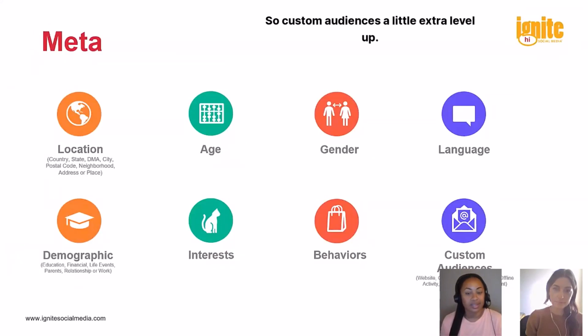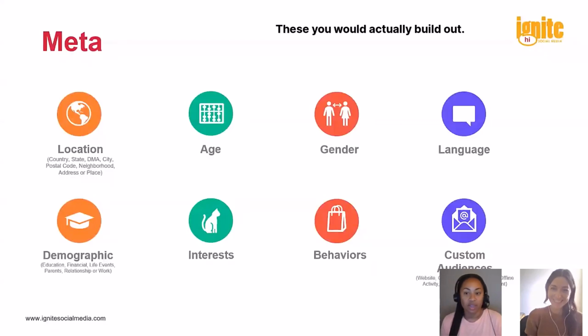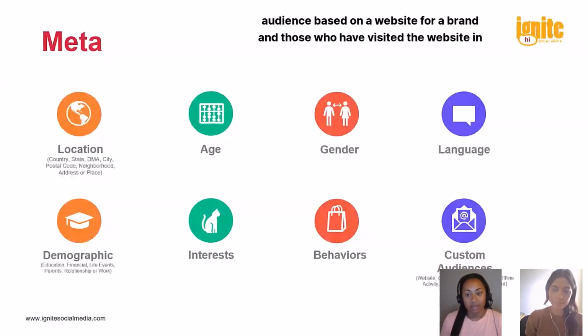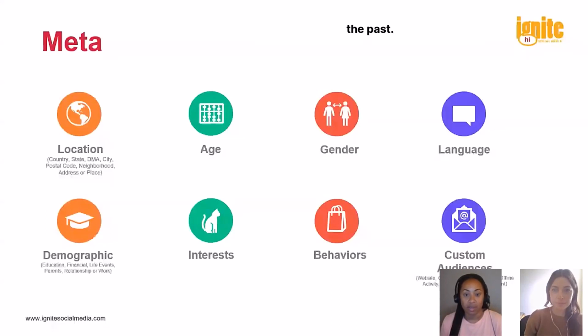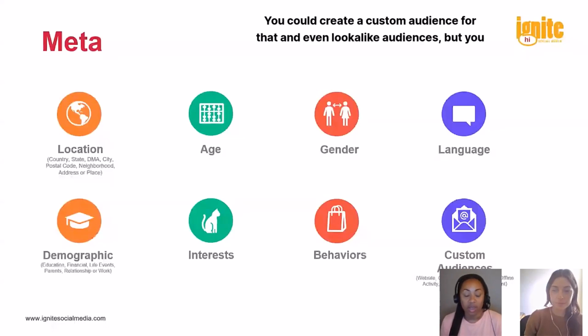So custom audiences is a little extra level up. These aren't going to be readily available within the platform. These you would actually build out. So if you were trying to target a web audience based on a website for a brand and those who have visited the website in the past, you could create a custom audience for that and even lookalike audiences.